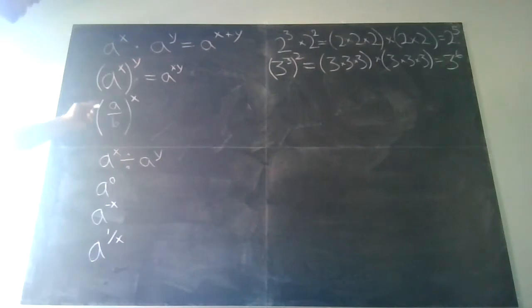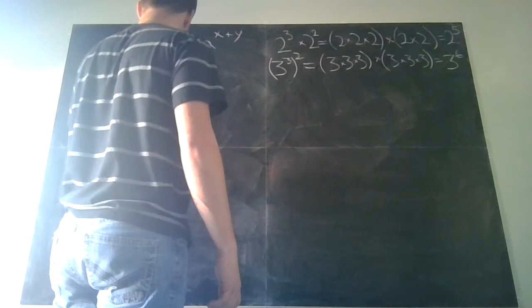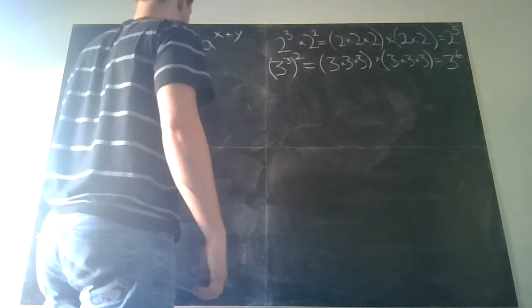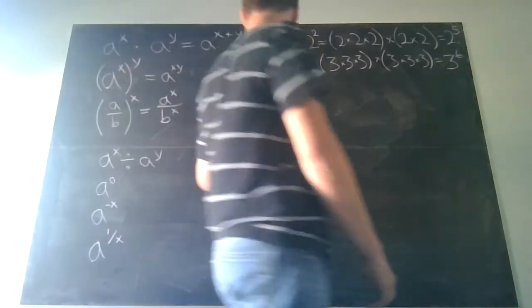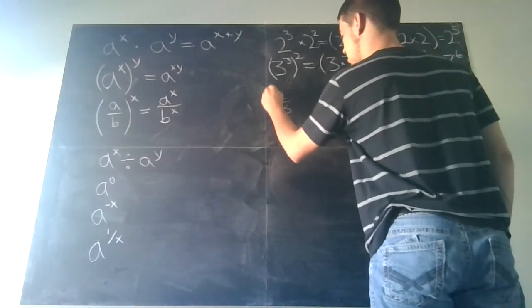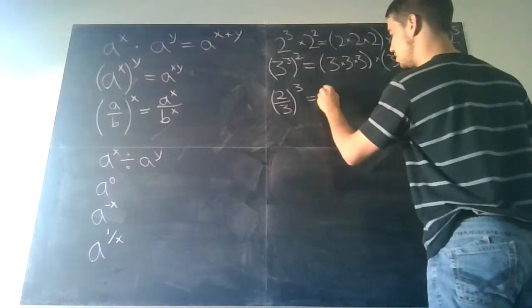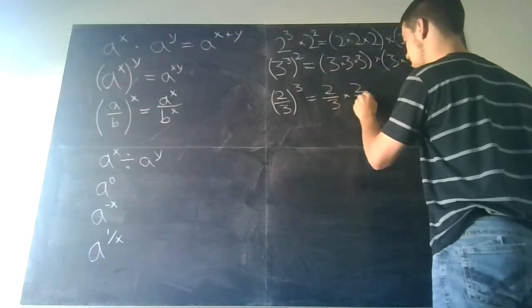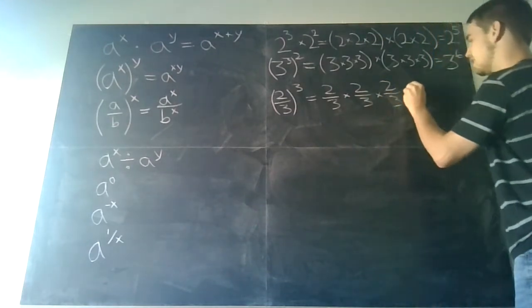Now we have (a/b)^x equals a^x divided by b^x. And again, to work a small example, (2/3) cubed equals 2/3 times 2/3 times 2/3.